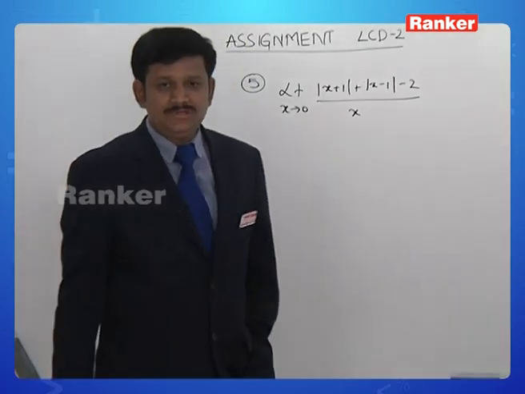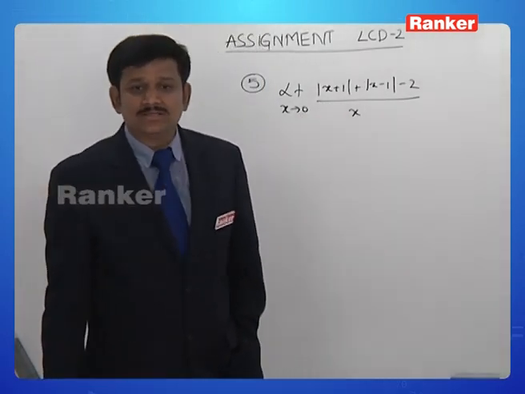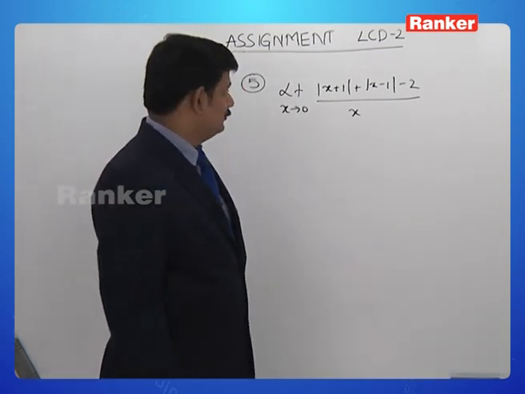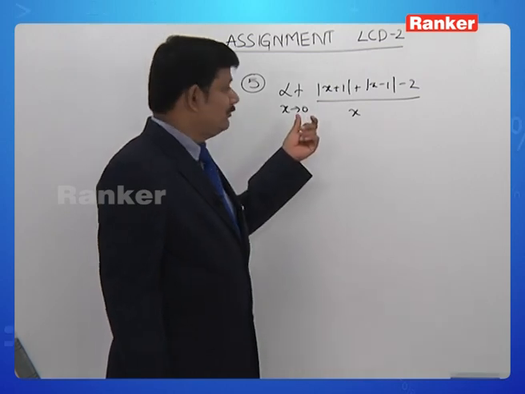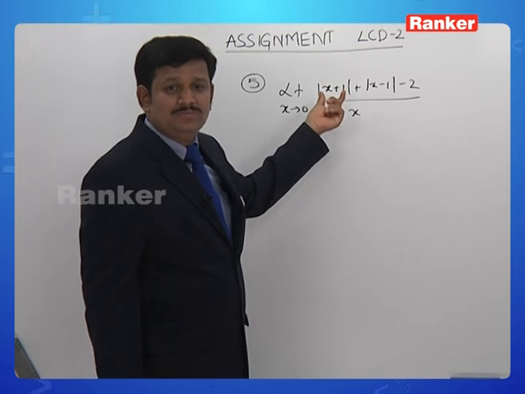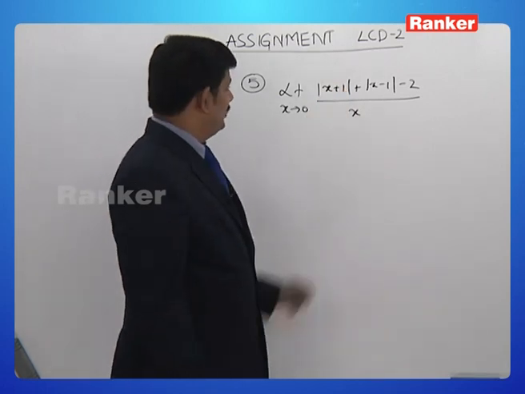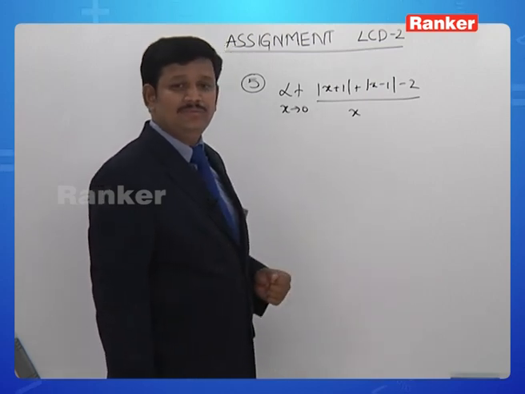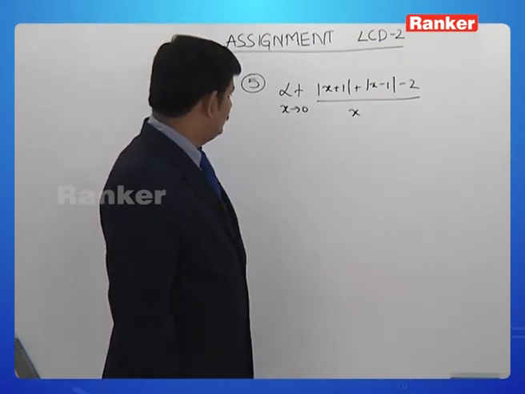Now we all know the definition of mod x. Mod x is x whenever x is positive and mod x is minus x whenever x is negative. So whenever we are dealing with mod, we need to investigate whether the quantity within the modulus is positive or negative. If it is positive, we can simply remove the modulus sign, and if it is negative, we have to put a minus sign and remove the modulus sign.